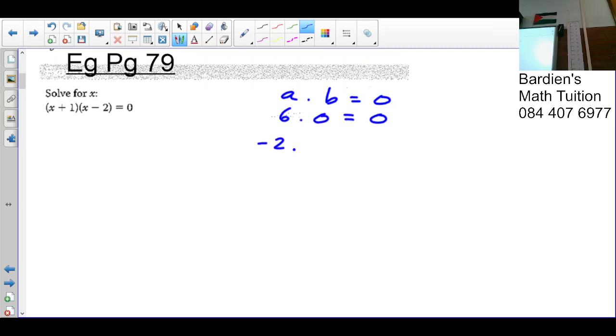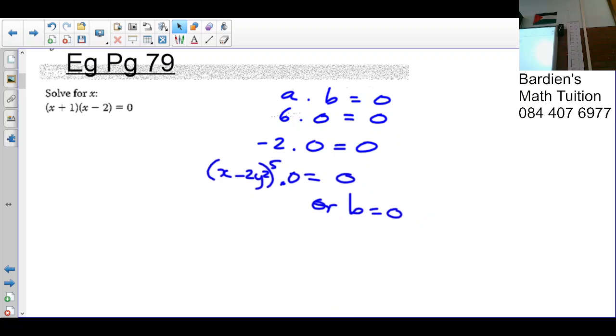It had to be 0. If A was negative 2, then what must B be? 0. If A was x minus 2y squared to the power of 5, what must B be to give an answer of 0? 0. So B has to be equal to 0.